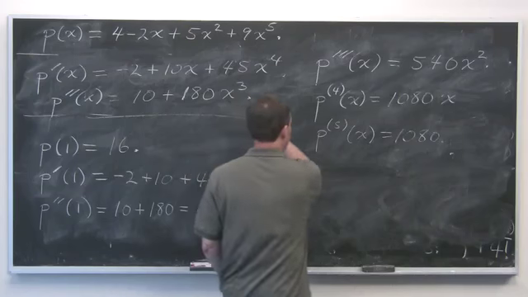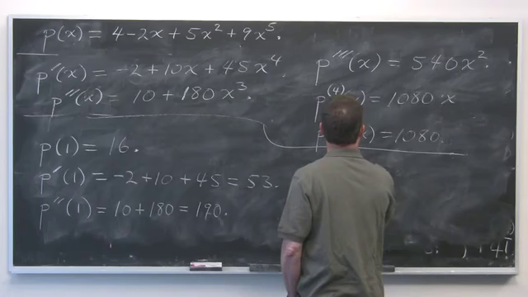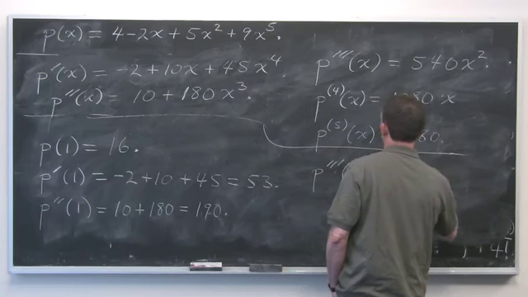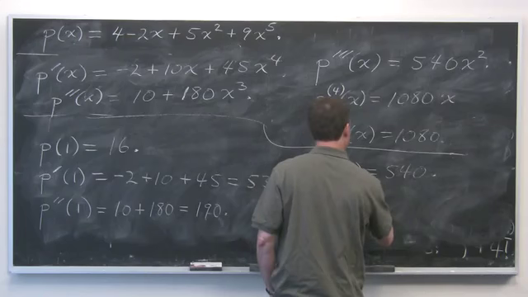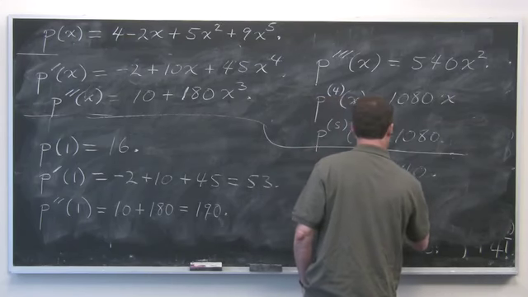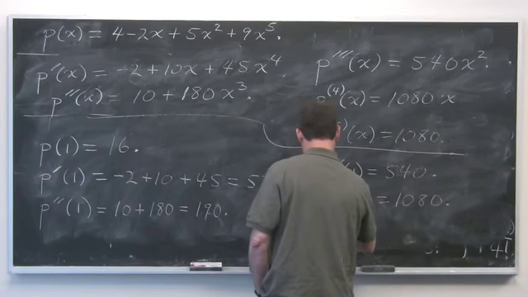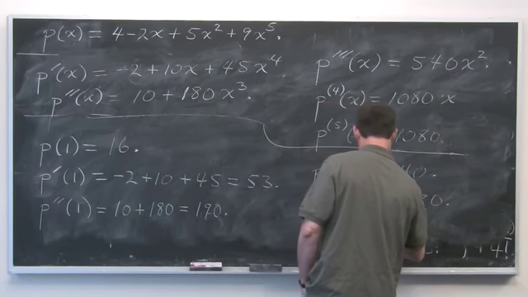P triple prime at 1 is 540. The fourth derivative of P at 1 is 1080. And the fifth derivative of P at 1 is also 1080.